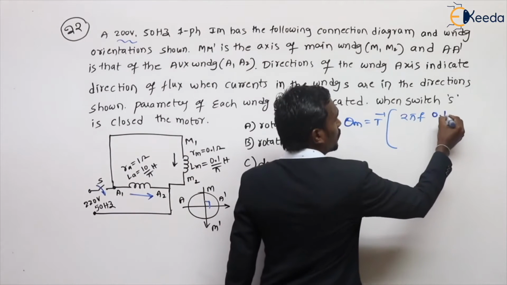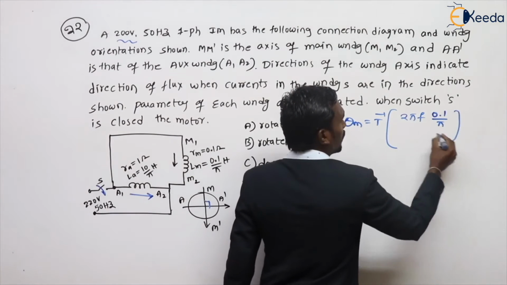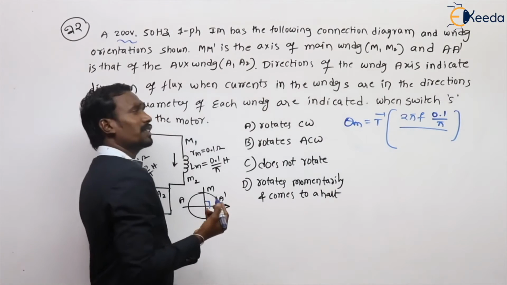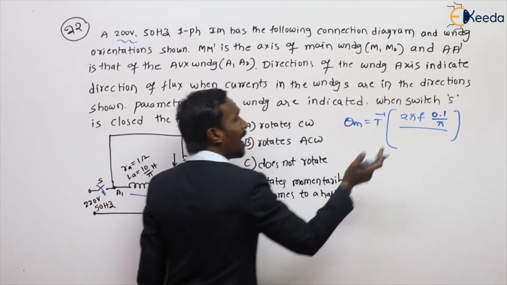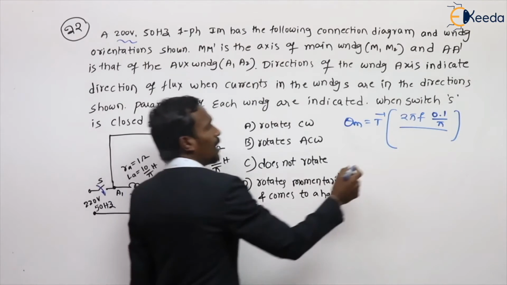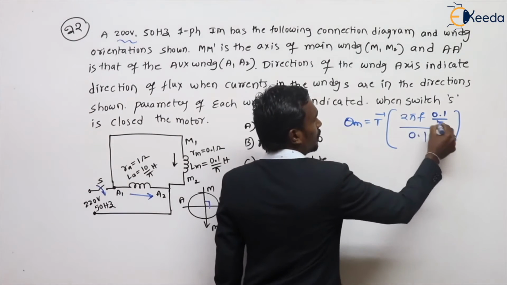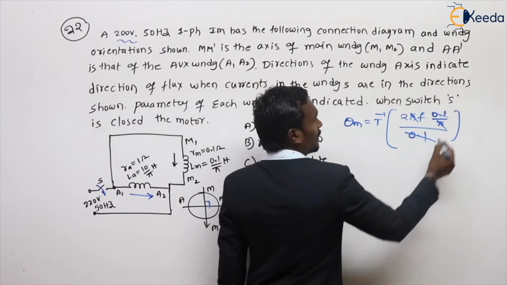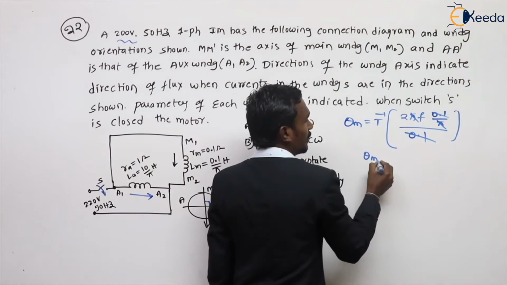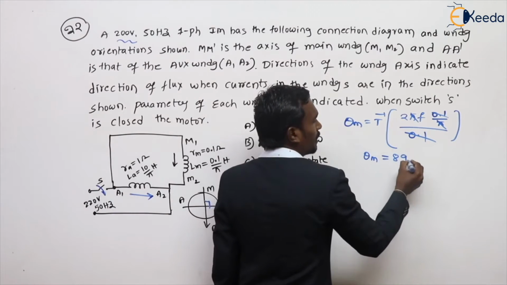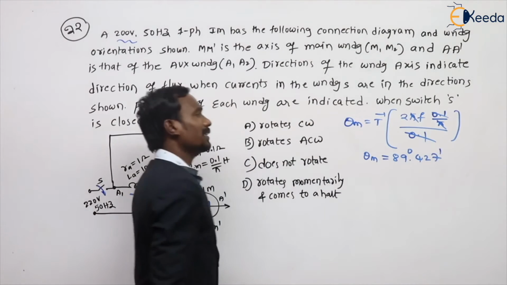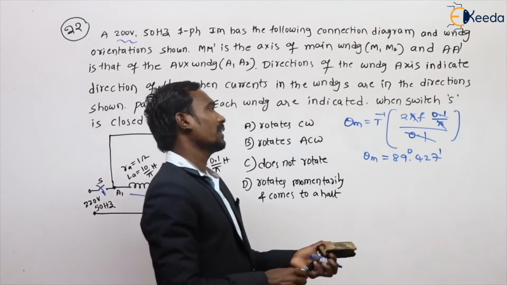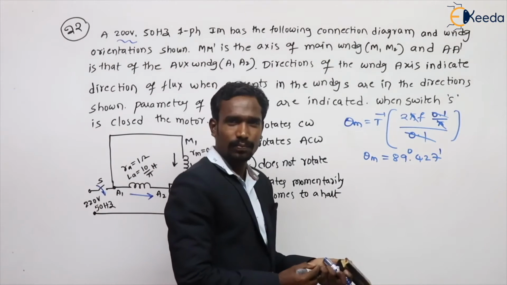Lm is 0.1 by pi, and Rm is 0.1. These two get cancelled. If you calculate this, you get 89.427 degrees. This is theta m.